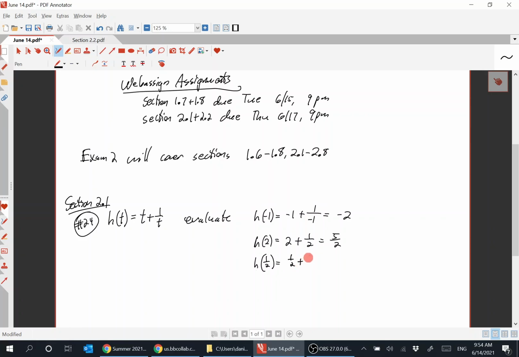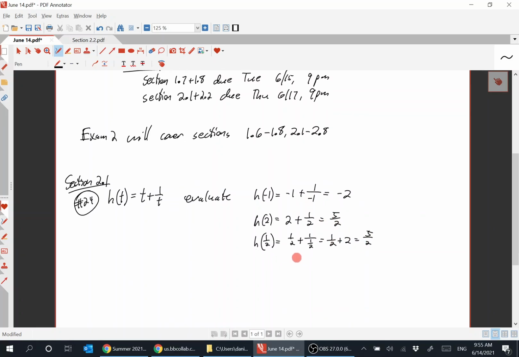So this is 1/2 plus 1 over 1/2. 1 over 1/2 is equal to what? What's 1 divided by 1/2? It's 2 again. So it's a half plus 2 is 5 halves. Notice it's the same as that.